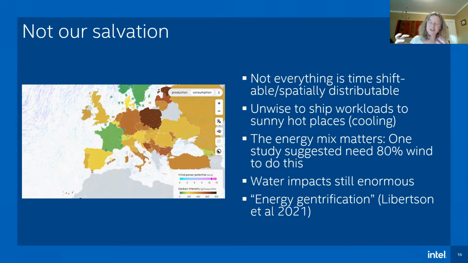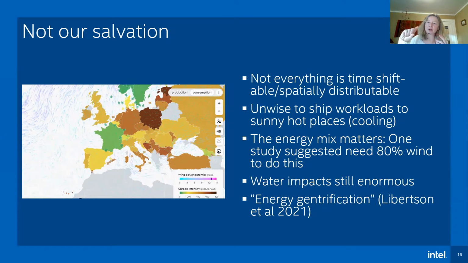The other limitation, and there are a ton of even nerdier engineering limitations that those of you who are inclined that way can dig into, is that shipping workloads to places that are sunny, which is good, but also really hot, is a bad idea. If half of your energy draw comes from cooling the place, then overloading that system even more is not actually going to help things.